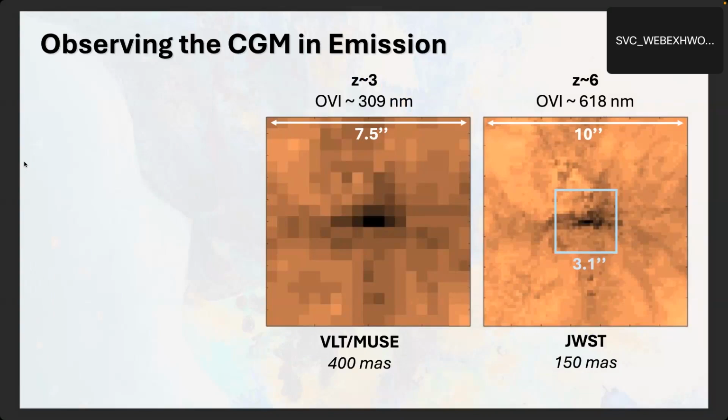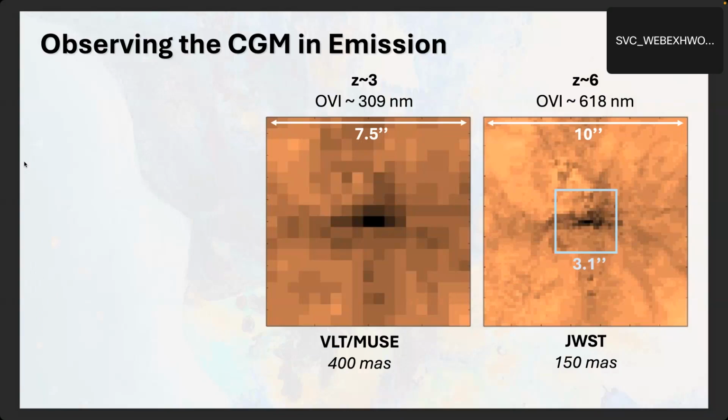So just to survey our current capability to study the CGM in its spatial extent, I took an O6 map and demonstrated what it might look like to current instruments if you put this galaxy at the respective redshifts. This is not to say that necessarily these instruments can observe O6, that's neither here nor there.